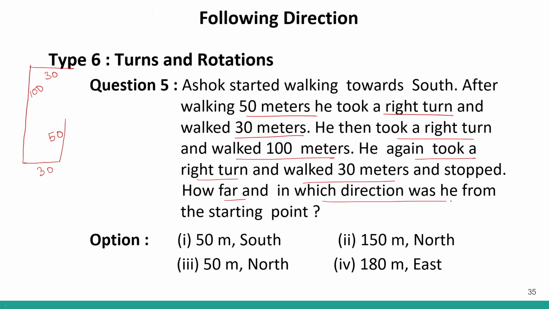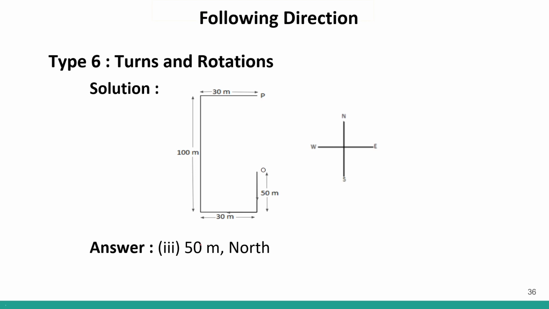How far and in which direction was he from the starting point? So very clearly he'll reach this point and this is the starting point. So they will be in line. We have to find the direction from the starting point. So direction is towards north. And the distance is very clearly 100 minus 50, which will be 50 meters. So 50 meter north is option number 3 and option number 3 will be your correct answer.